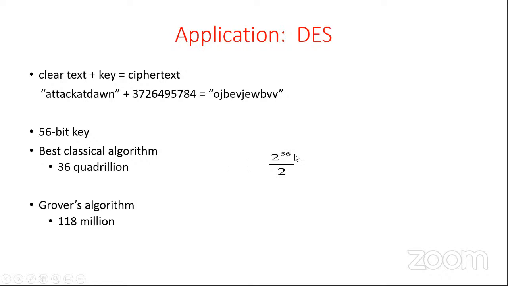That is small compared to the large number, and 118 million is not a big number for current computer technologies, so such algorithms will not be secure.